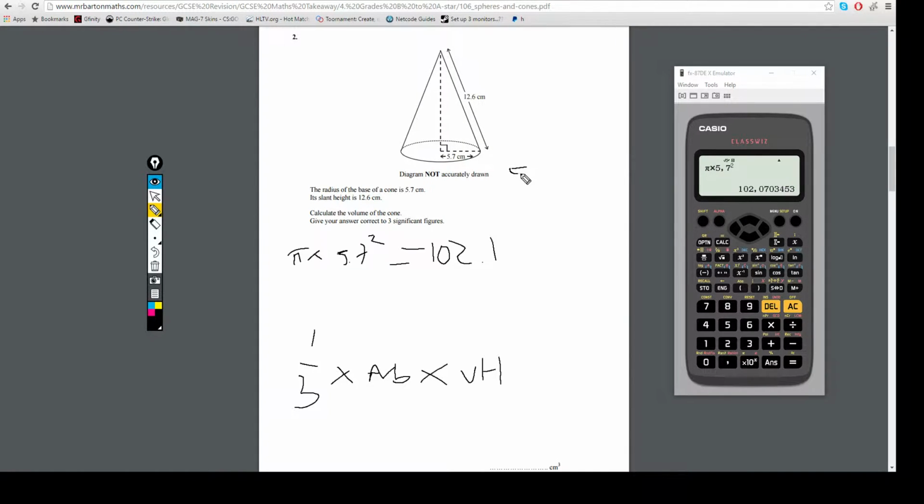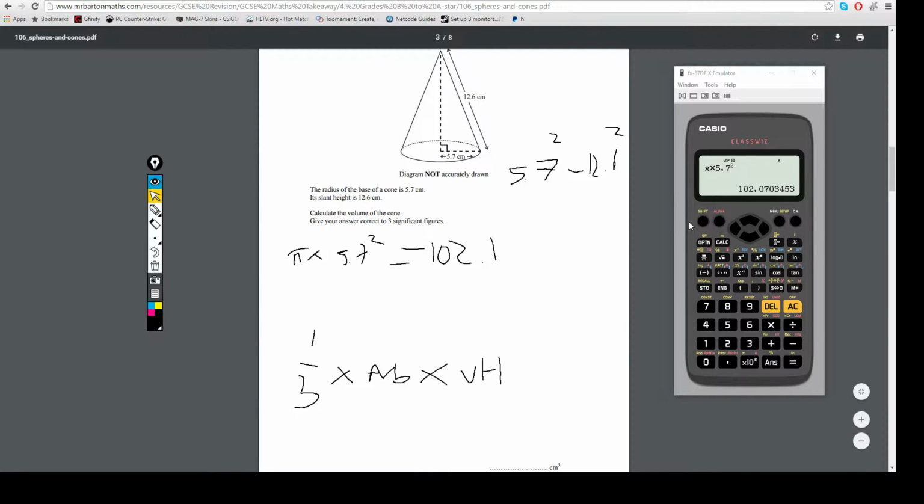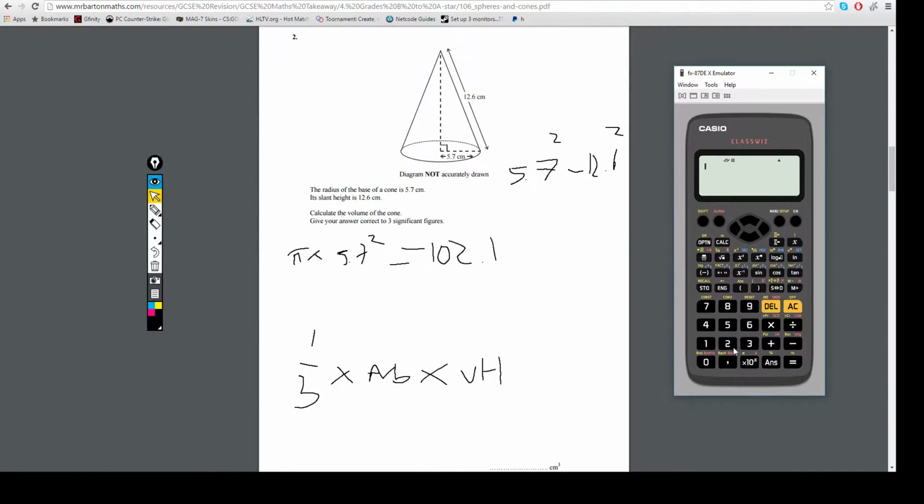So it's going to be 5.7 take away 12.6 squared. They're both squared, and we're going to do that on our calculator right now. So we're going to do 5.7 squared take away 12.6 squared, and that is going to give us, sorry, I've done it the wrong way around.